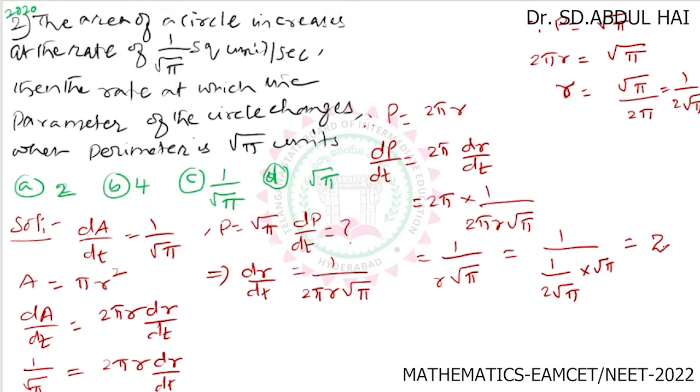Therefore, the answer is 2 units per second, because he has given the units in terms of per second. Therefore, we also have to write the answer in terms of same. Therefore, what is my correct option? That is the first option, A, 2 units per second.